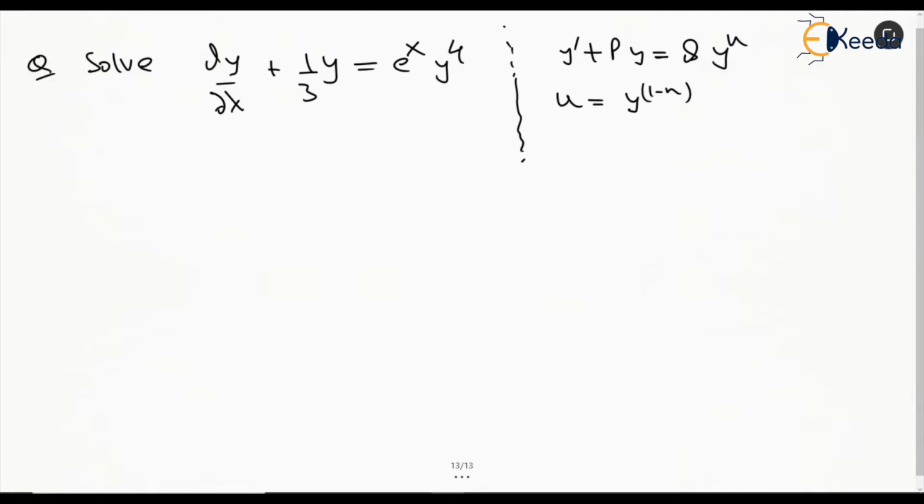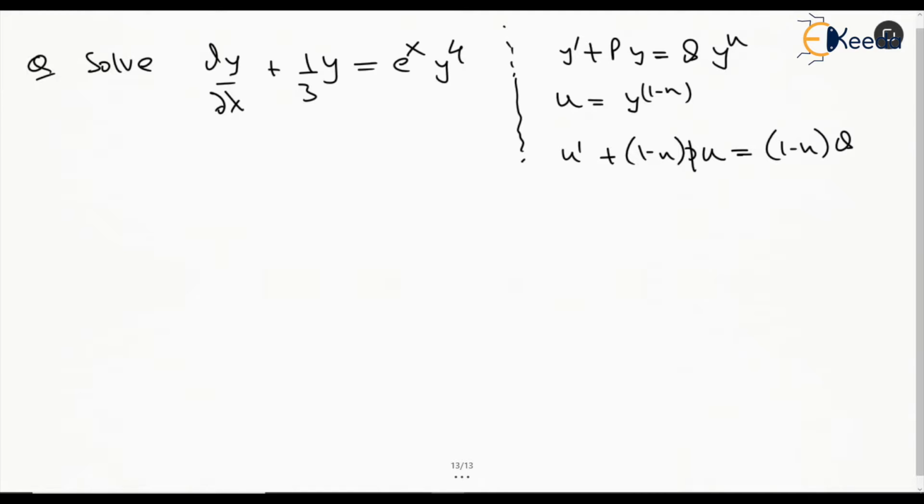The system changes to u dash plus 1 minus n times p into u is equal to 1 minus n times q, right?